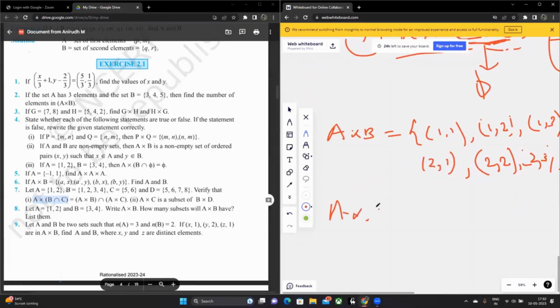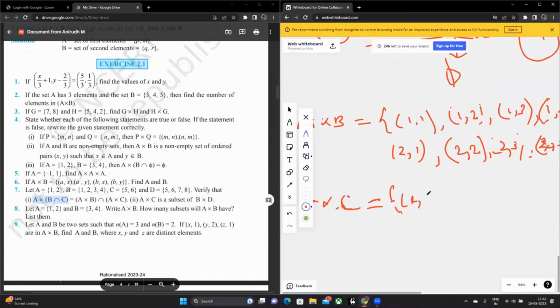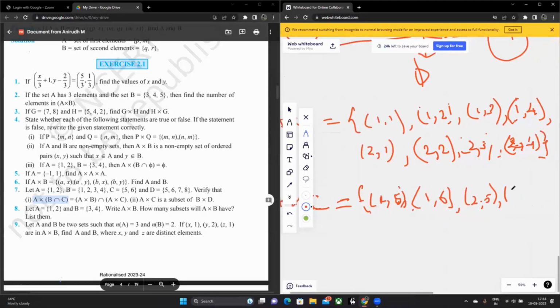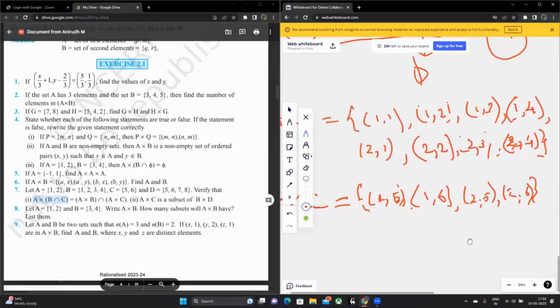And then A cross C is faster: you have (1,5), (1,6), (2,5), (2,6), right? 4 elements.